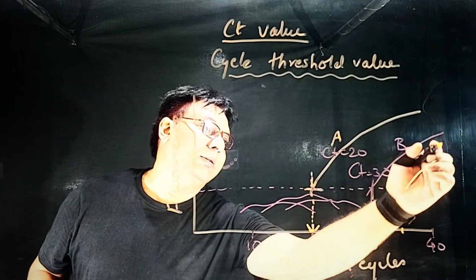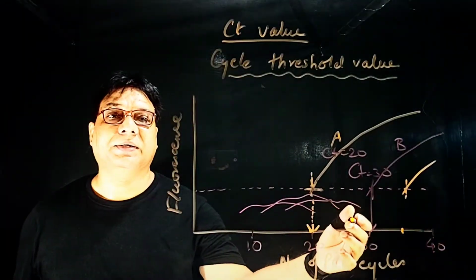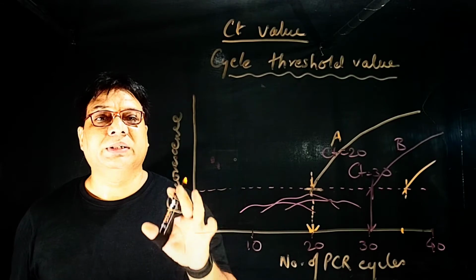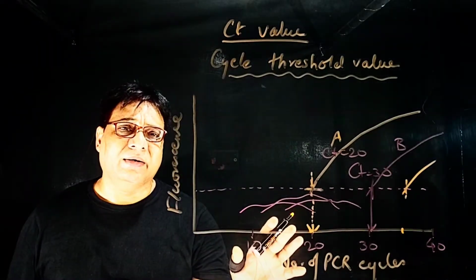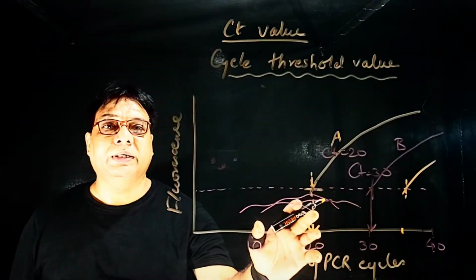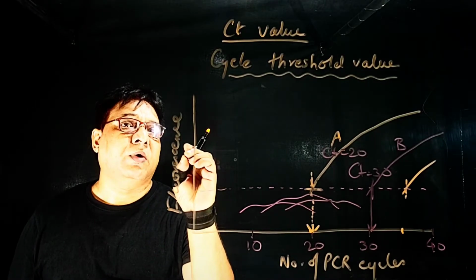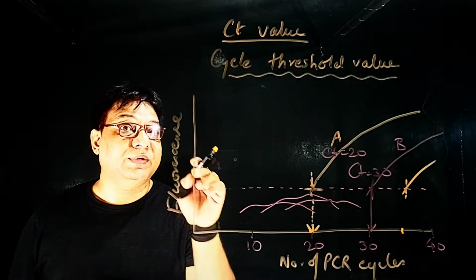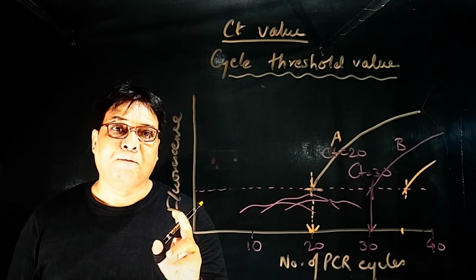If you are getting a fluorescence only after 35 cycles, your report is negative. So what does this mean again? If a CT value of 30 is taken to be negative, that means even a very little amount of coronavirus, if it enters, may cause infection.